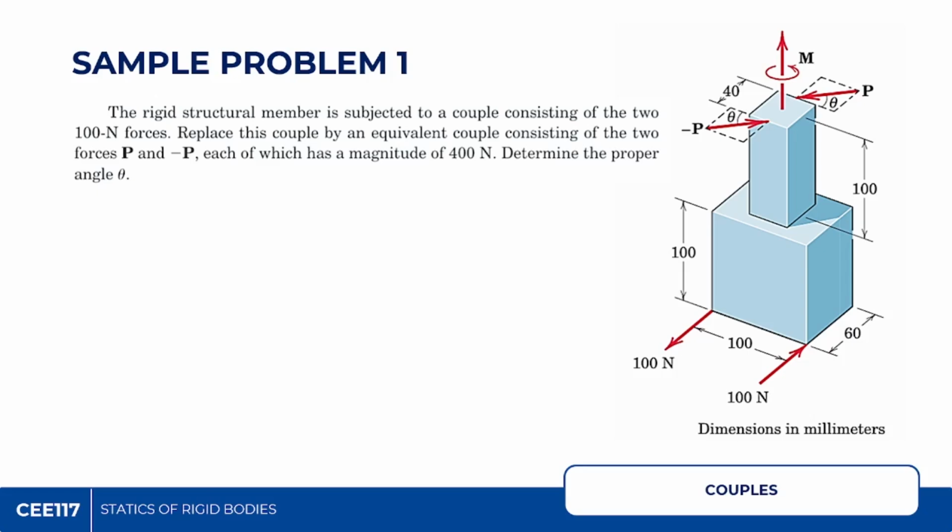Determine the proper angle theta. So, marami tayong kukunin dito. Una, we'll take the moment. We will be replacing this couple, negative P and P, to a single moment. And then, next would be to determine the angle theta.